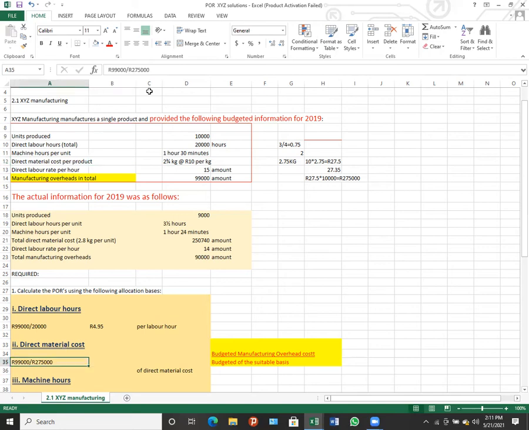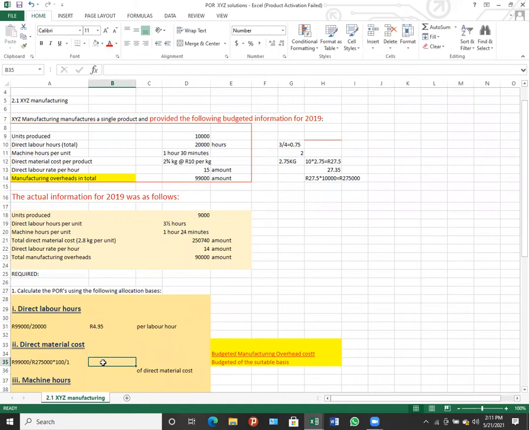And then here, let me finish with my calculation. Because it's cost to cost, I multiply by 100, divide by 1, to get my answer in percentage. How much do you get in percentage? 36%.